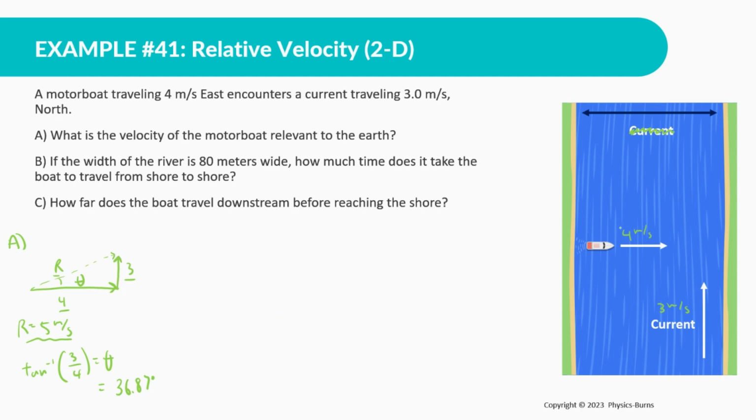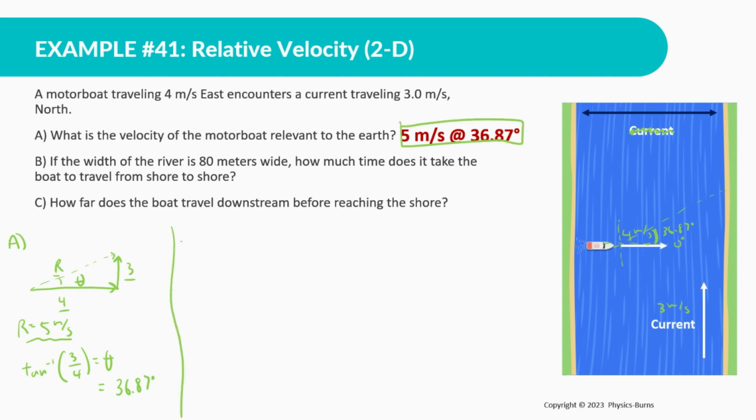And luckily, since this boat is going to be moving like something like this, this angle here is already showing starting from that 0 point. So we already know that's going to be 36.87 degrees. So that's our answer right there. 5 meters per second at 36.87 degrees.